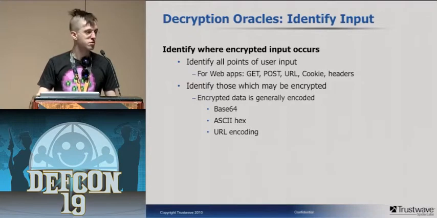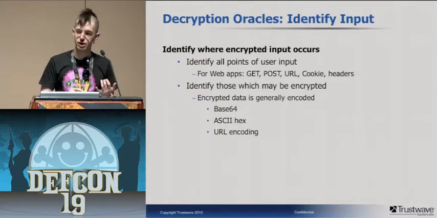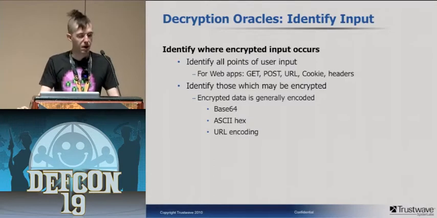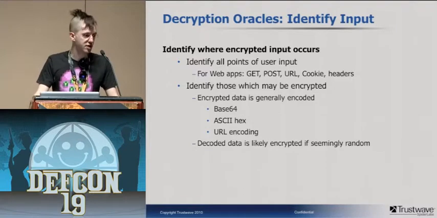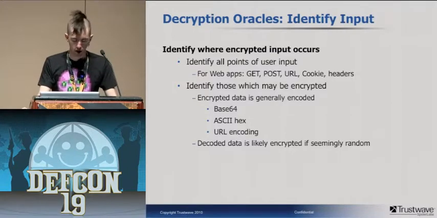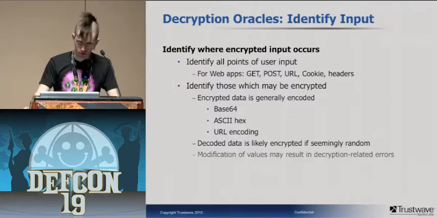Usually when you have encrypted data, it spans a pretty wide character set, so it's not really possible to put that through the majority of systems, and something might be interpreted as a meta-character. So usually you have some sort of encoding scheme, whether that's URL encoding or base64 encoding or just putting it to ASCII hex. If you decode that data and it looks random, and there are some tools out there for doing entropy analysis to see how random it is.